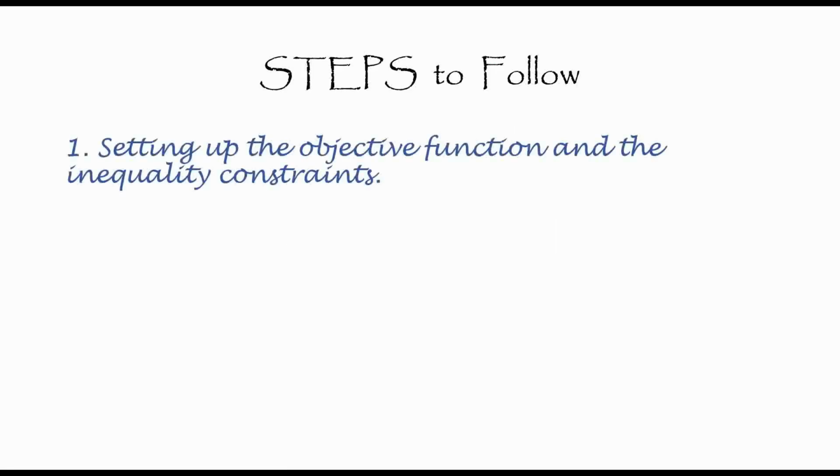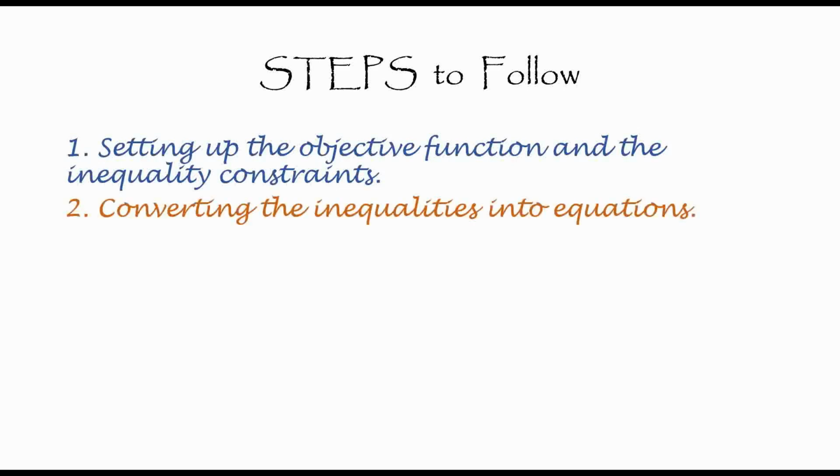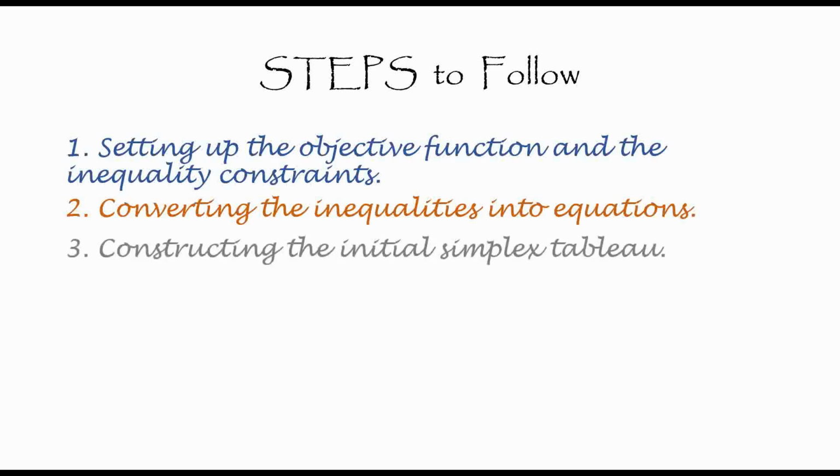so there are some steps to follow to solve the simplex method. Firstly, we need to set up the objective function and inequality constraints. Then we need to convert these inequalities into equations. Thirdly, constructing the initial simplex tableau.